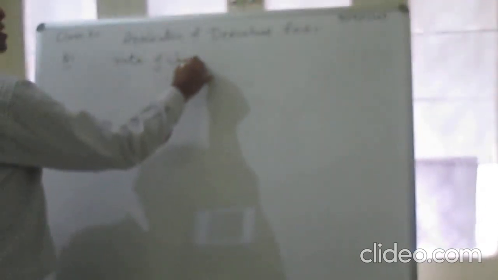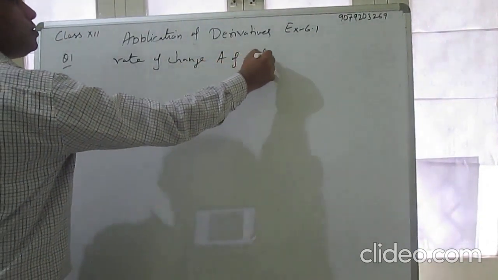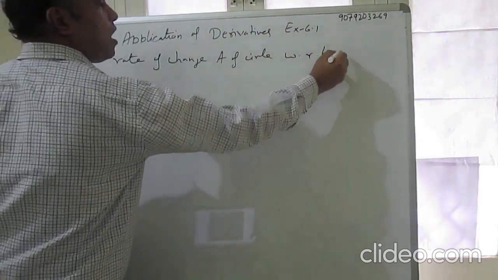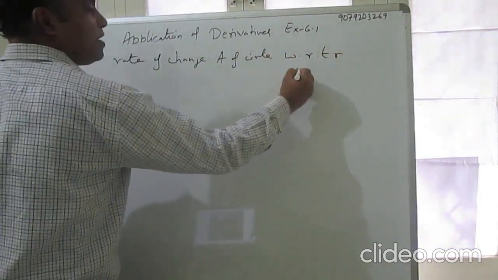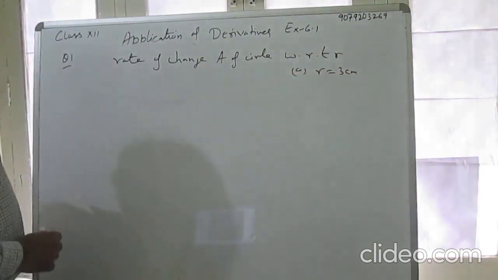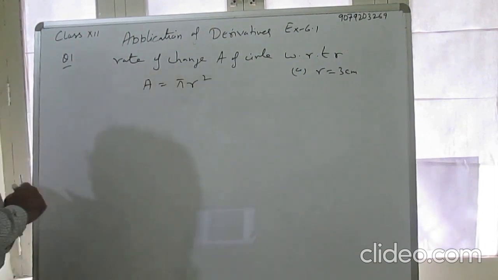Find the rate of change of area of a circle with respect to r. First case r is given to you 3 centimeter. Now see here, what is the area of circle? Pi r square.